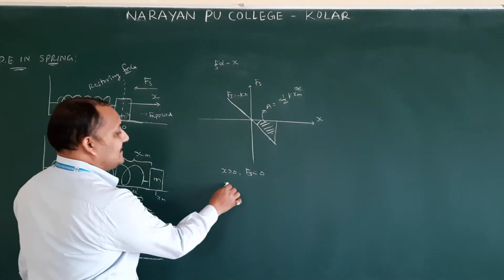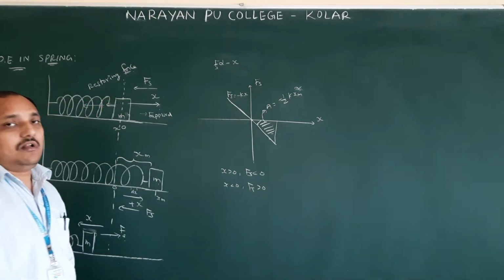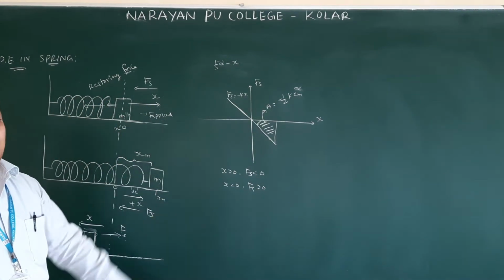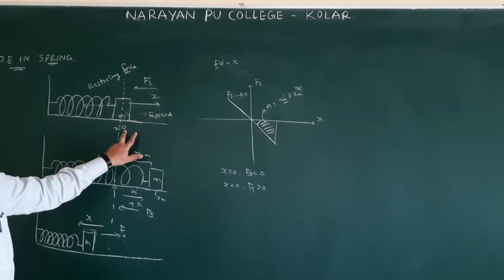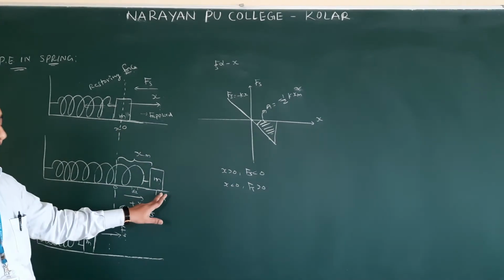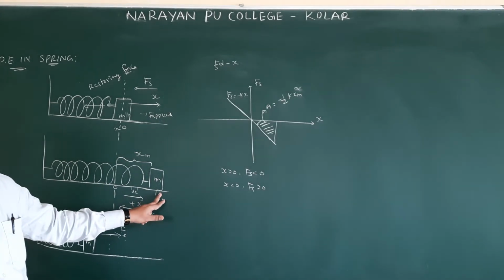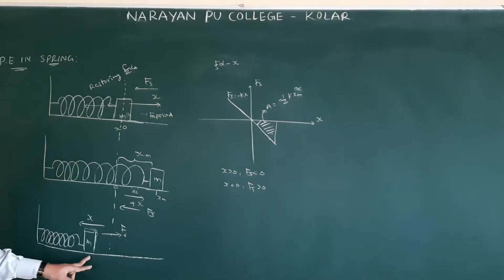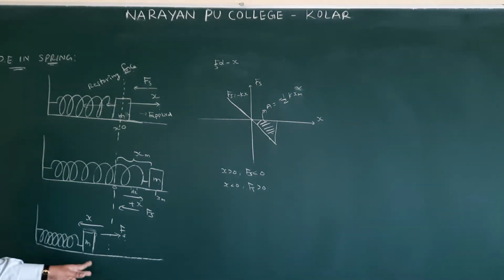If x is less than 0, Fs is greater than 0. This is nothing but the energy stored. At the origin, the energy is 0. At maximum amplitude, that is maximum elongation, the potential energy becomes maximum. It is maximum in the negative direction as well.